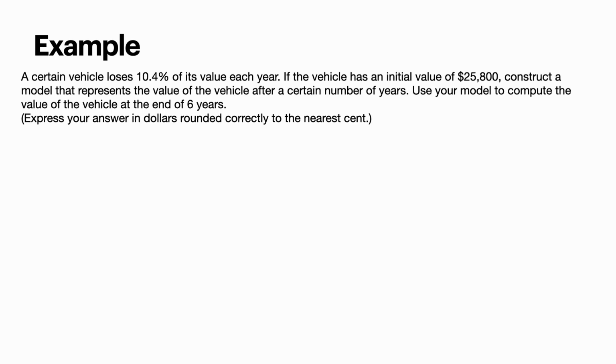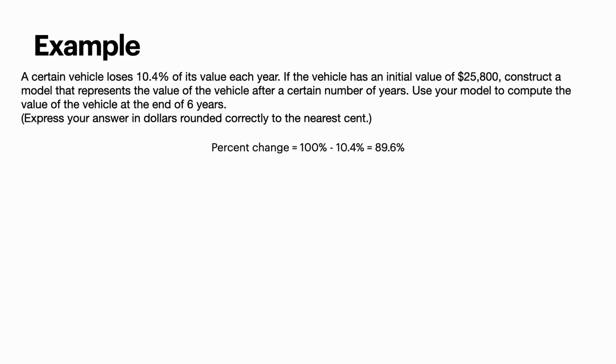A certain vehicle loses 10.4% of its value each year. If the vehicle has an initial value of $25,800, construct a model that represents the value of the vehicle after a certain number of years. Use your model to compute the value of the vehicle at the end of 6 years. So we have our change by percent.